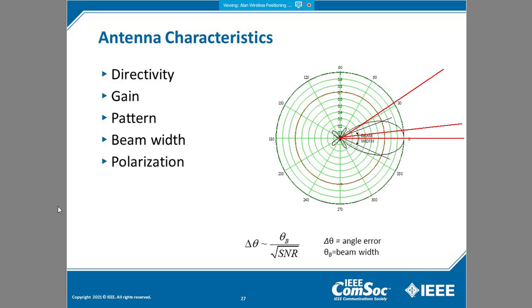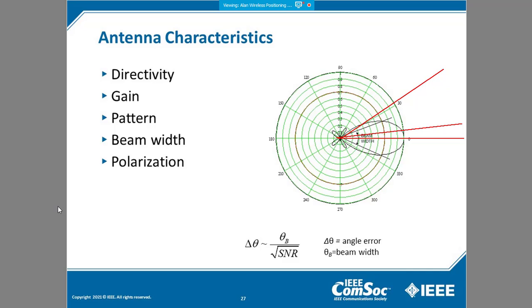And also on the beam width. Obviously, if the beam were much sharper for a given signal to noise ratio, we would still have a much more accurate determination of the direction that the signal is coming from.